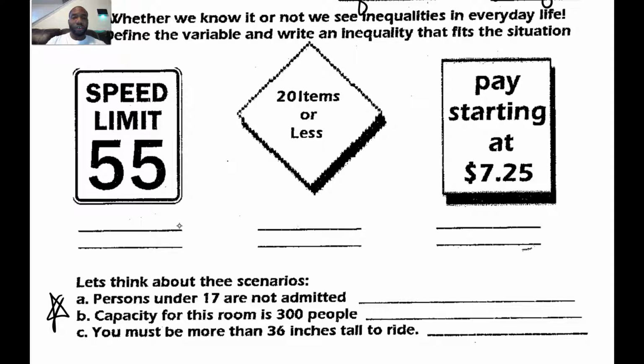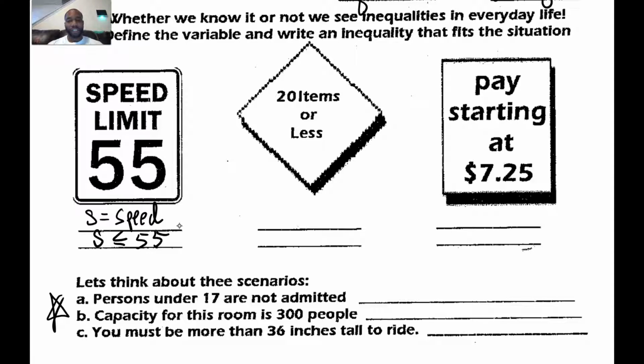The actual subject is speed, so I'm going to say S equals speed. Now, what's the inequality? If you're obeying the law, supposedly, you can go 55 or below. So S has to be less than or equal to 55.